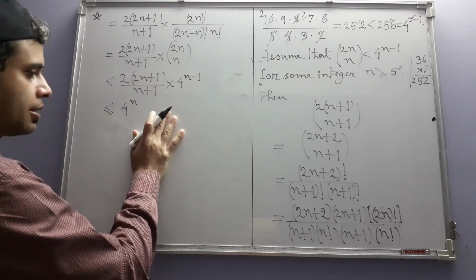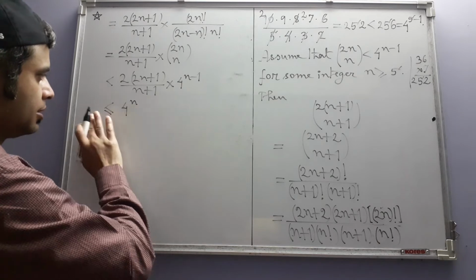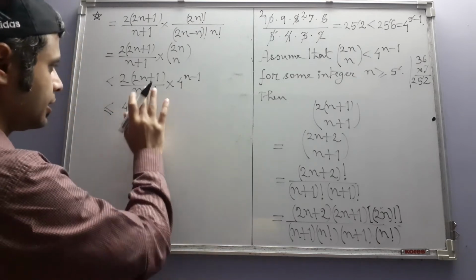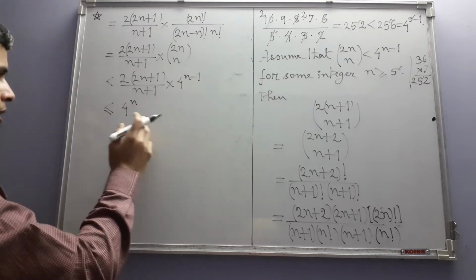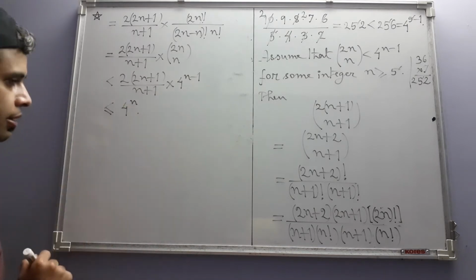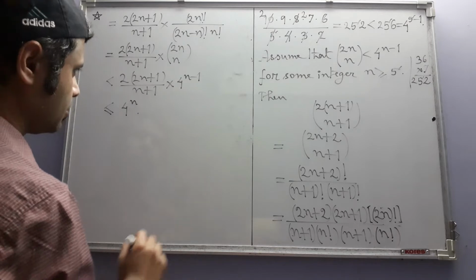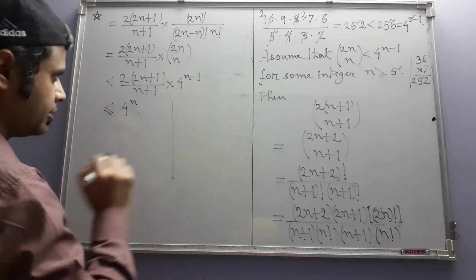You can just simply write this step just like this. It's a fact that this is less than or equal to 4 to the power n, and that's why we can write 4 to the power n. But let us also see why that is true.